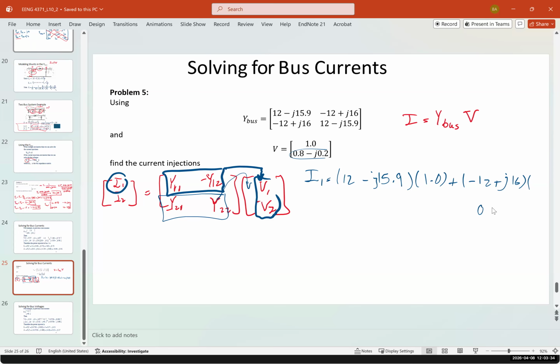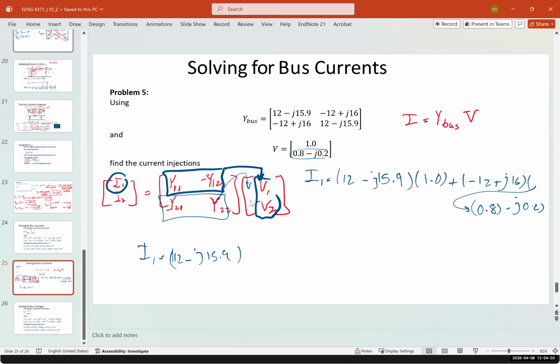I can't write it there, so I'm going to write it down: 0.8 minus J0.2. Now, if I compute this, I1 would be equal to 12 minus J15.9.